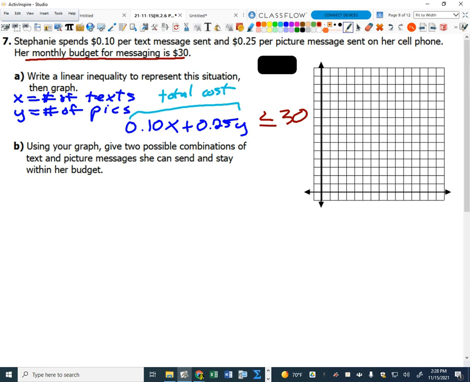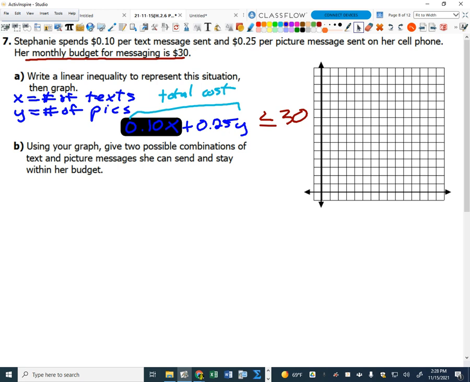Let's do this one by, how about the cover-up method? If I want to find the x-intercept or the y-intercept, I'm going to cover up that term and solve. I'm just trying to find the boundary line now, right? So I'm really looking at the line where this is an equation.